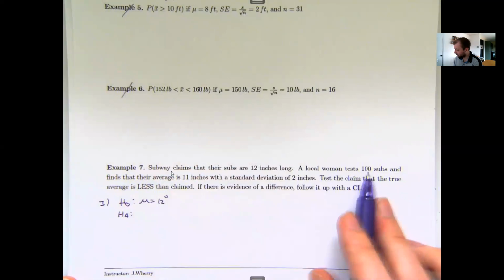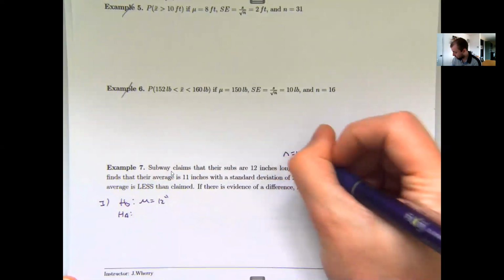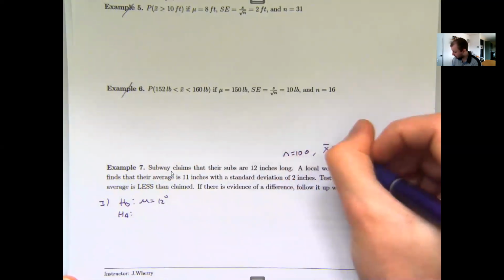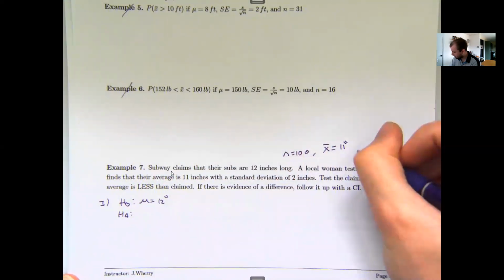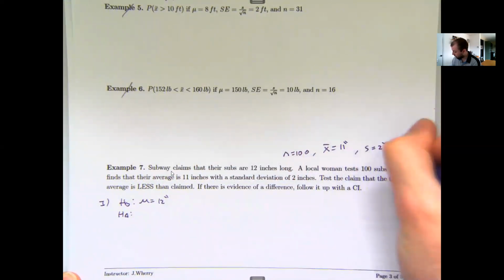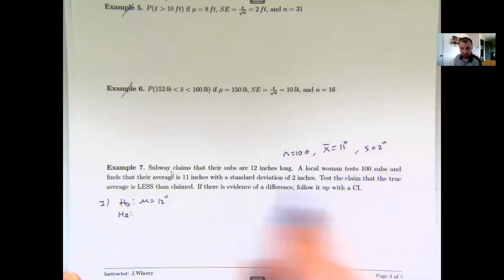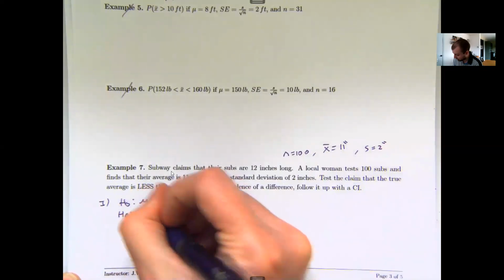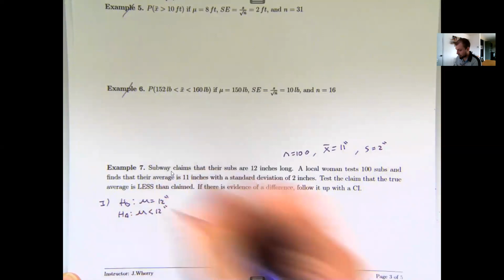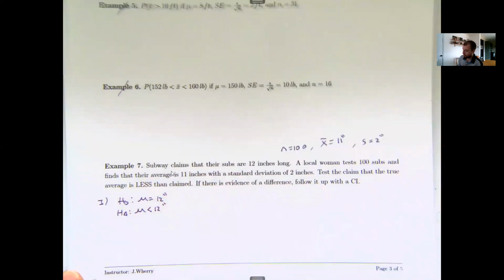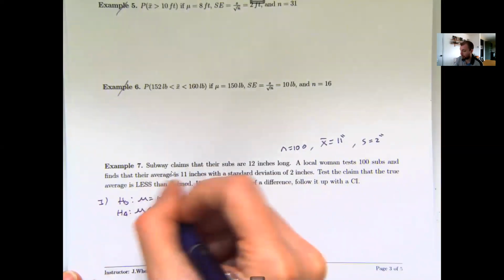Local woman tests 100 subs, gets a sample average of 11 inches, a standard deviation of 2 inches, tests the claim that it is less than 12. So I'm told it's 12.